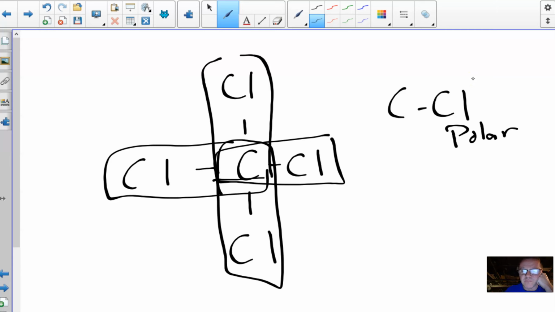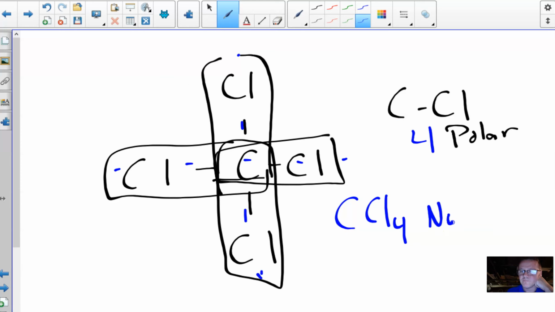But because they are placed in here and they are spread out evenly, and you see that those chlorines are spread out, and you can bend that thing across all these axes, even with 4 polar compounds in there, the overall CCl4 compound would be nonpolar because everything is spread out symmetrical and evenly.